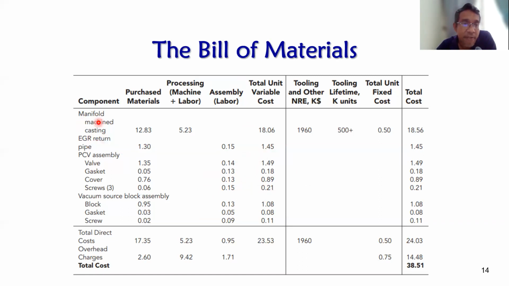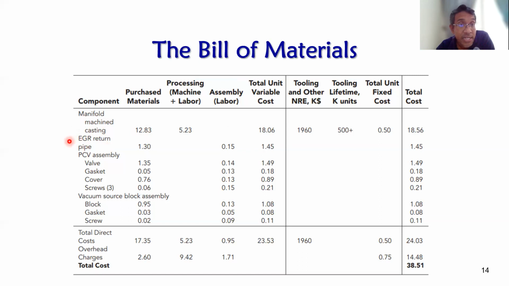For example, they have a manifold, which is a part, and then this is the child part. Because the manifold is made by casting, it is one part only, and using casting there is a cost for the manifold. But for the EGR, in the textbook they refer to the exhaust gas recirculation part for the manifold.